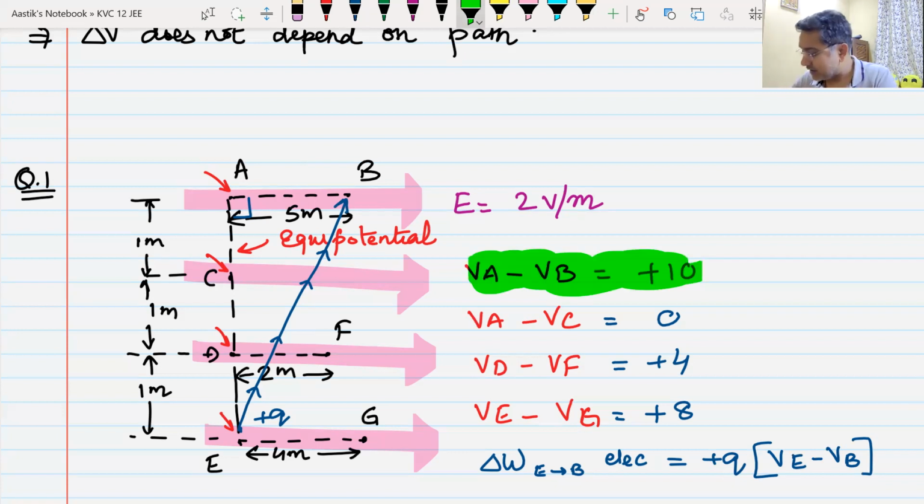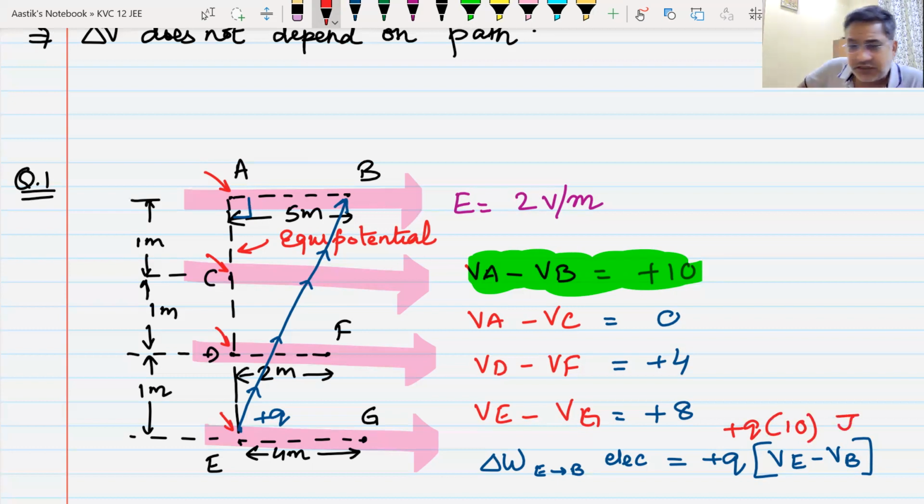So the answer is plus 10 multiplied by Q. Don't forget this Q, because otherwise the answer would be dimensionally wrong. So plus 10 Q joules would be the work done in moving this charge from E to B.